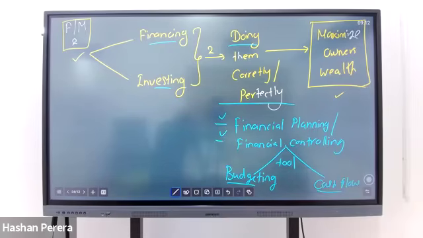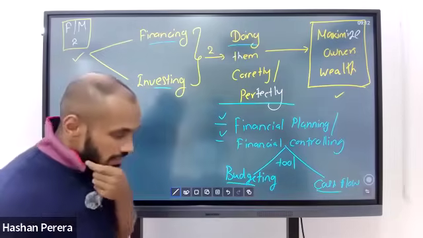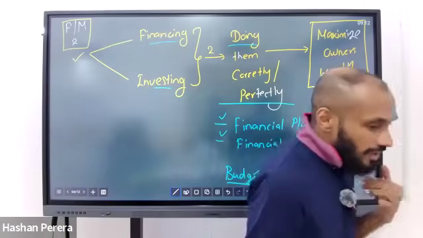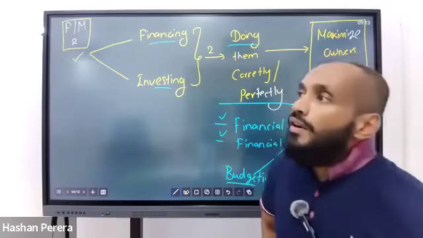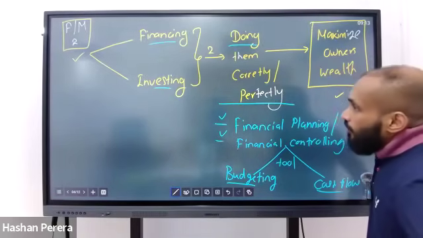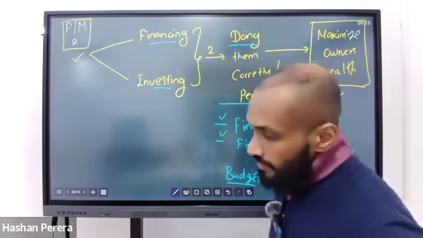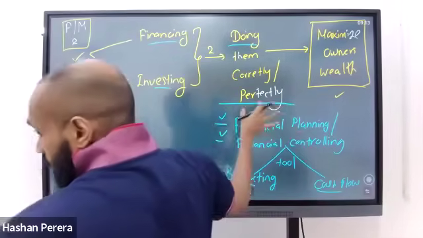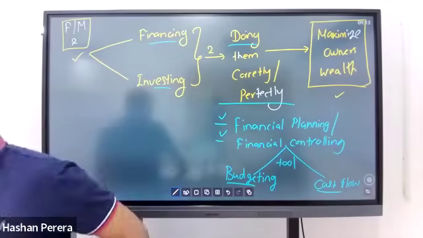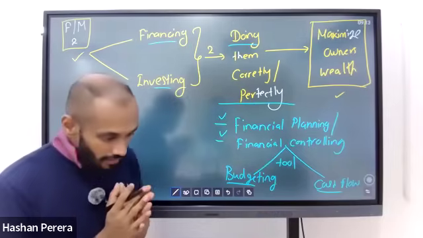Start with a new paragraph. Making financing decisions and investing decisions. Then explain in a paragraph, with the graphical presentation.